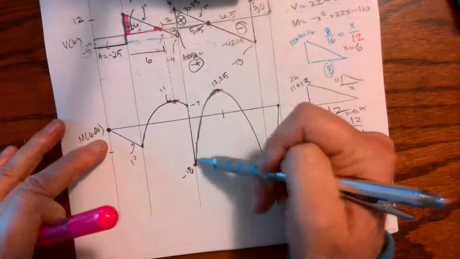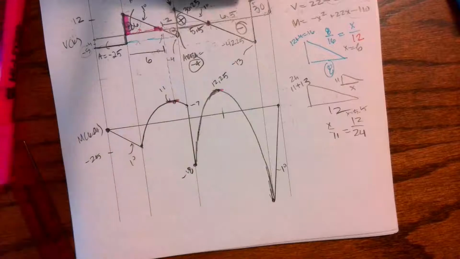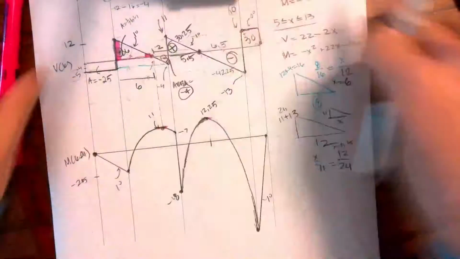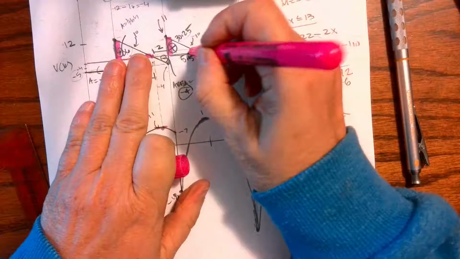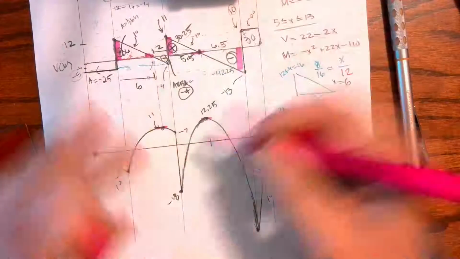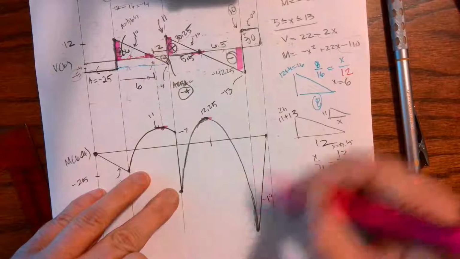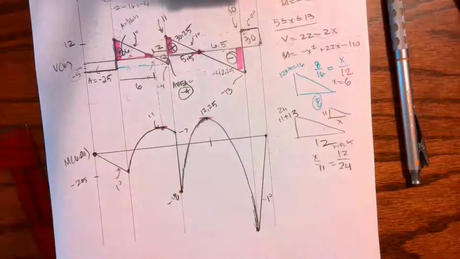And there we go. So again, how do I know it curves like that? Because I have more area here, and then it goes flat, and then I have more area. So more area is steeper curve. Flat is coming in like that.